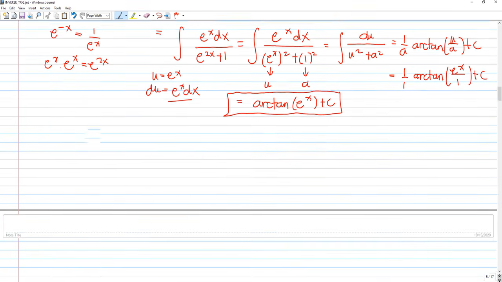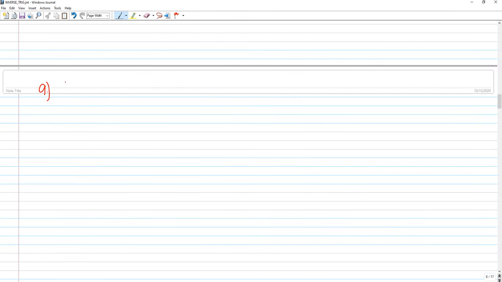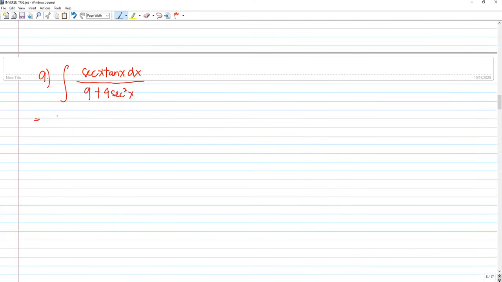Okay, let's get to number 9. For question number 9, we have secant of x tangent of x dx all over 9 plus 4 secant squared x. So what we can do here is, again, the technique that we used in our previous example.